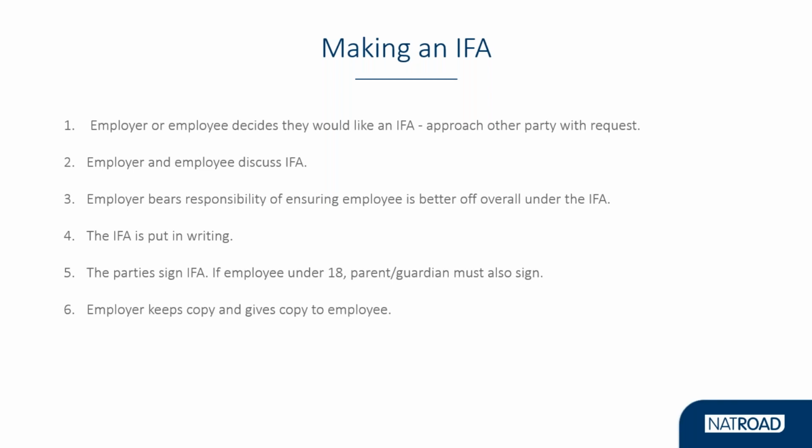As you would anticipate, if everyone's happy with the arrangements, both parties sign the document, and there is a proviso that if the employee is under 18, a parent or guardian must also sign to confirm that the juvenile has agreed to the terms. As with any employment record, you keep a copy as the employer and you give a copy to the employee.